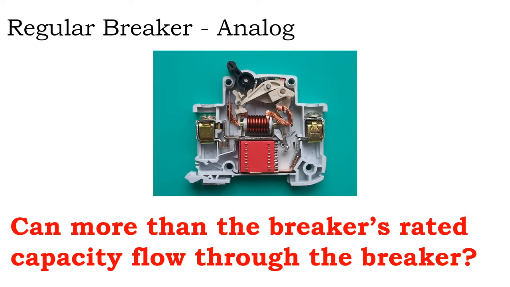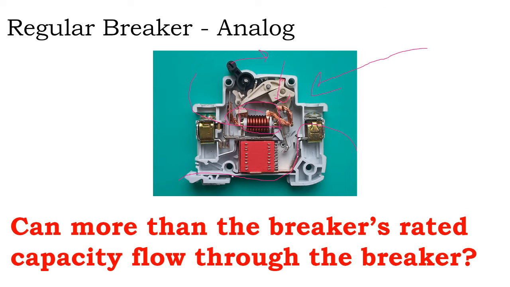And breakers themselves have coils in them that, based on temperature, will open up the breaker. And so the more current that flows through this circuit breaker, the more strain there is on this hinge.